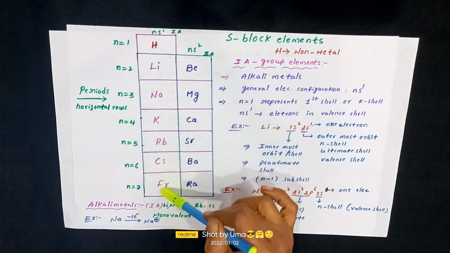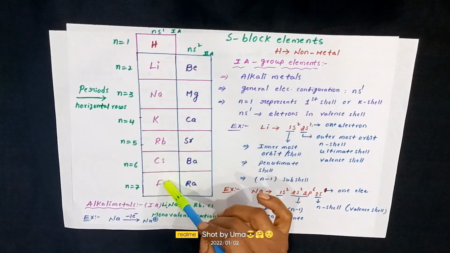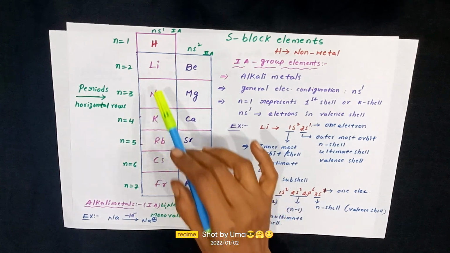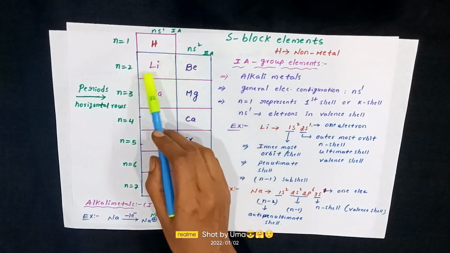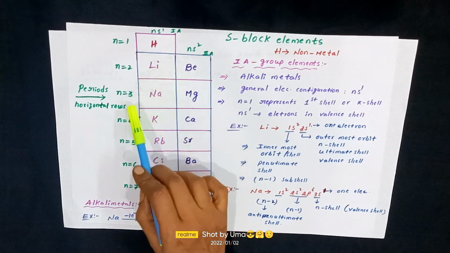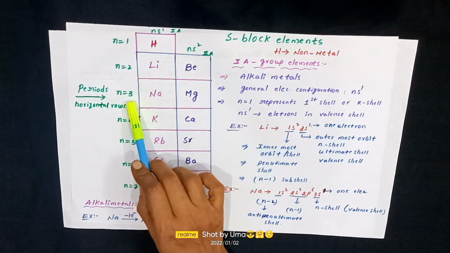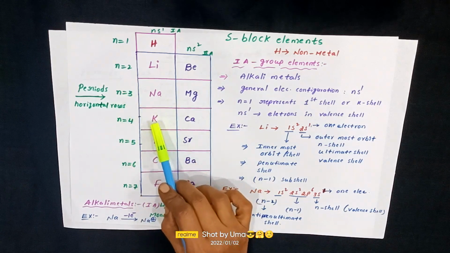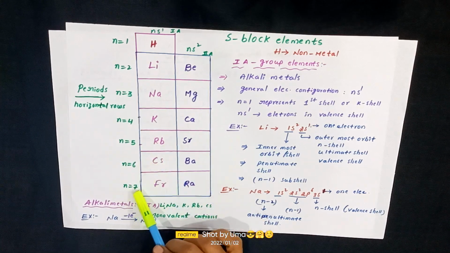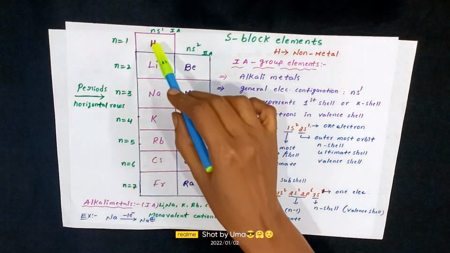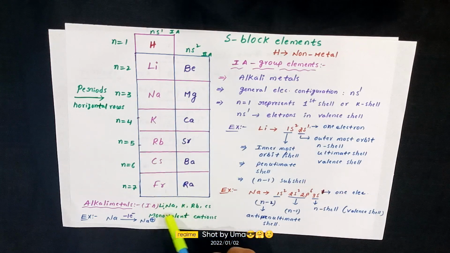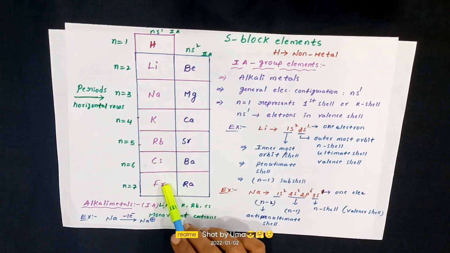Except hydrogen, lithium, sodium, potassium, rubidium, cesium and francium are the alkali metals. 2s1 is the last shell electronic configuration for lithium, 3s1 is the valence electronic configuration for sodium, 4s1 for potassium, 5s1 for rubidium, 6s1 for cesium and 7s1 for francium. So this is about the first A group elements, children.